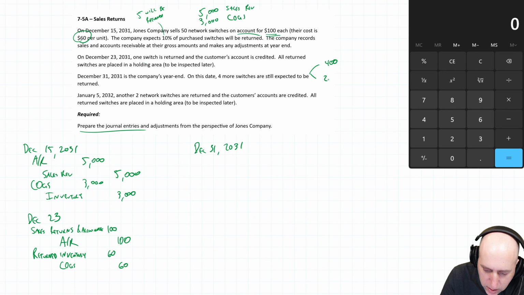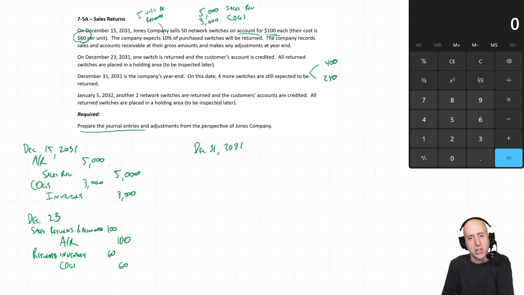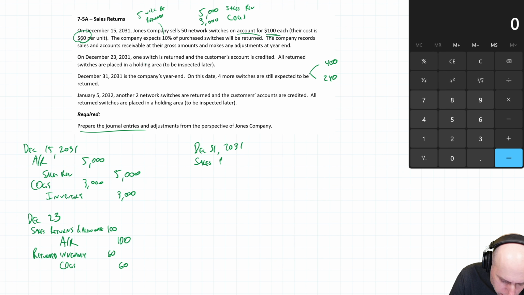And at $60 a unit, we're going to be bringing back $240 in inventory. We have to deal with both of these future expectations in a year-end adjustment, because this is what we think is going to happen. Let's deal with it. So the debit here is to sales returns and allowances, reducing our net sales by $400 more.